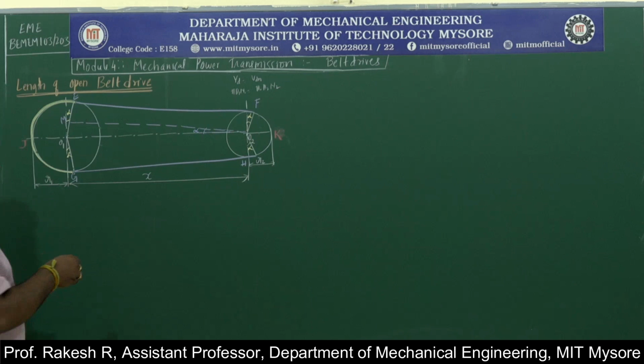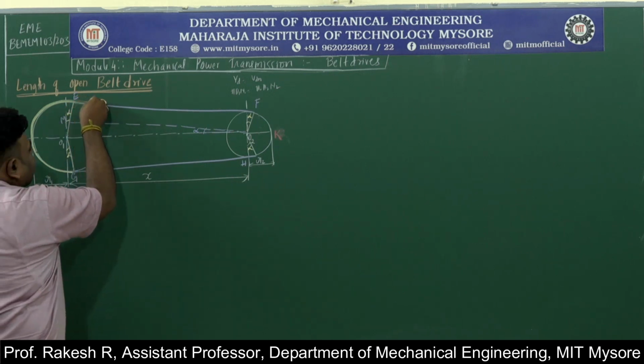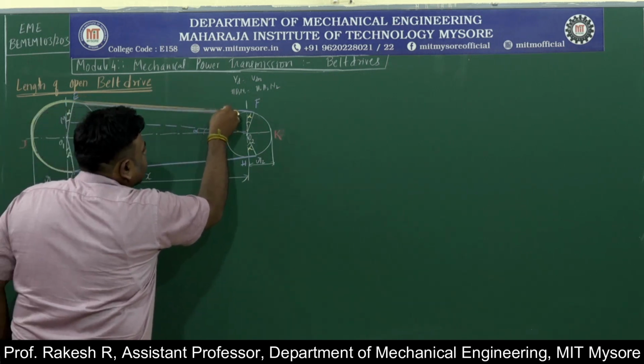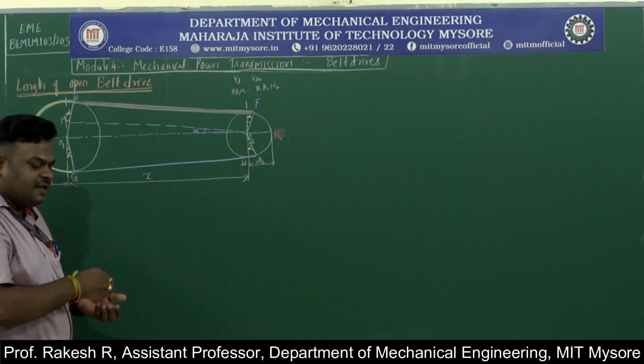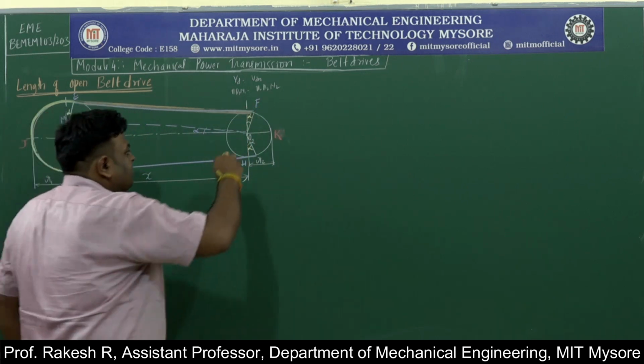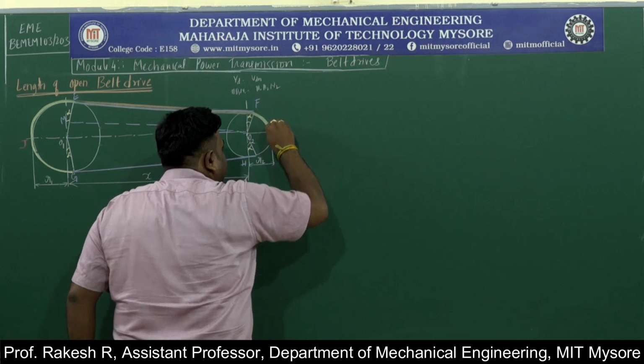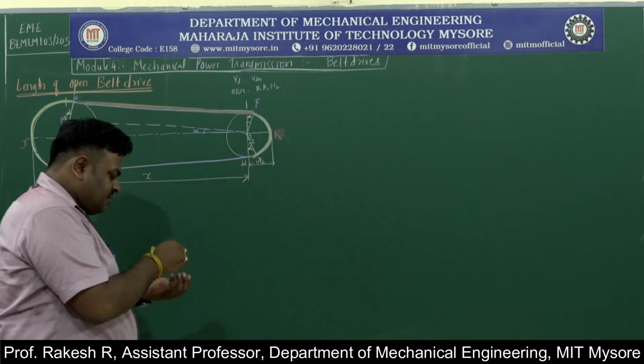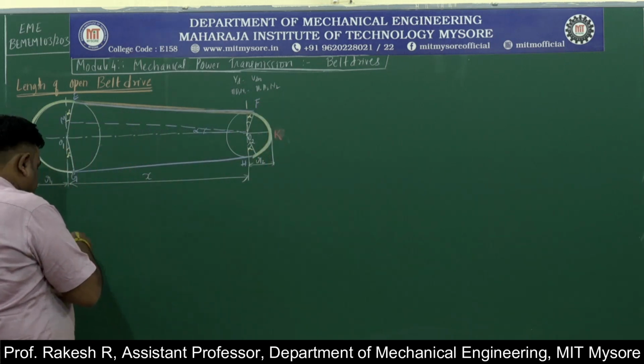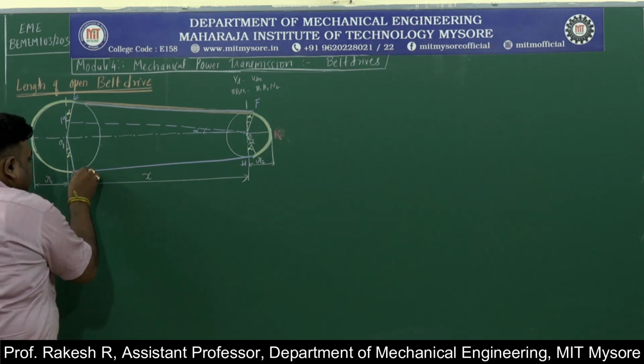Then after that, EF, this length, is a belt length. Then again I have to consider this driven pulley arc length, and again this length.